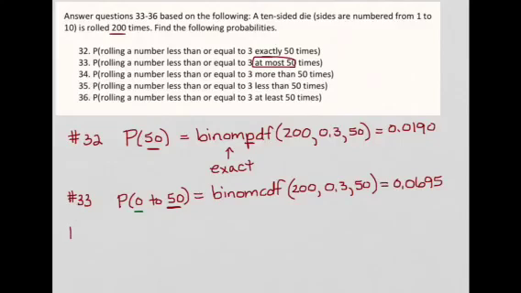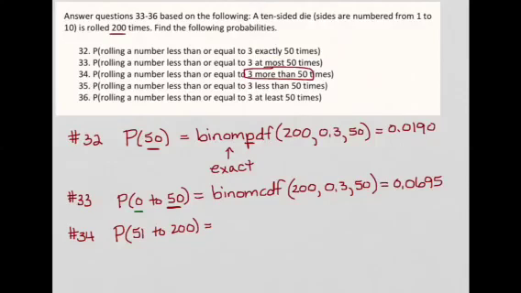Now in the next problem, number 34, we have the probability of rolling a number less than or equal to 3 more than 50 times. So now we've got more than 50. That means we want to find the probability of over 50, which is 51 to 200, because 200 is the maximum, or it's the number of trials.